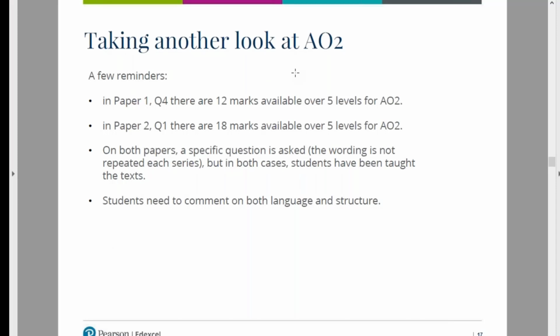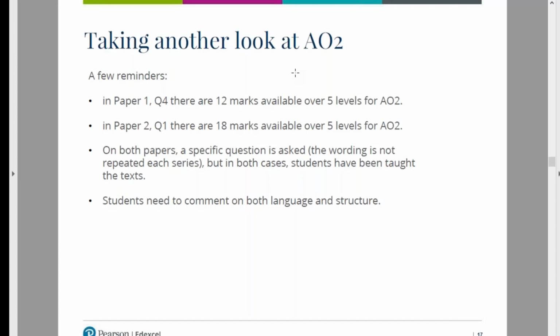So the other thing I wanted to have a look at is AO2, the analysis of language and structure. I can't remember the wording without looking it up, but it's slightly different for language for 4EA1, but it's looking at the techniques that the writers use.